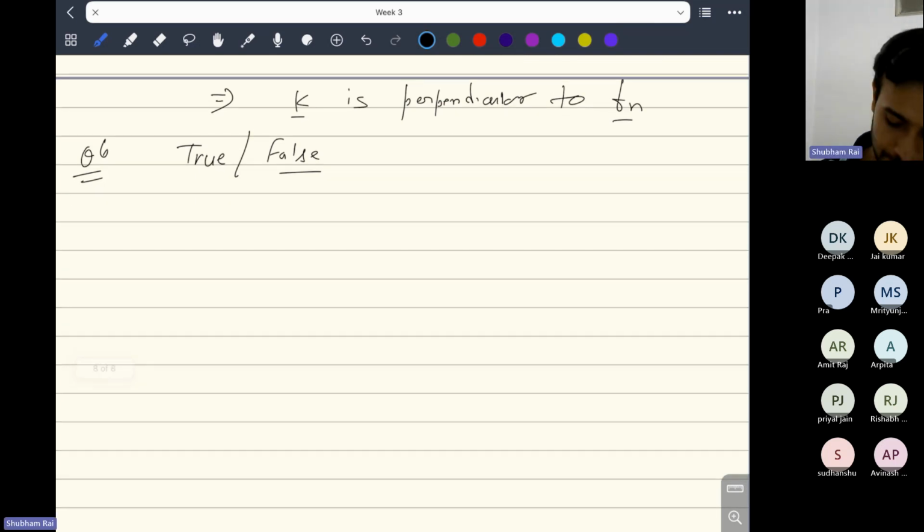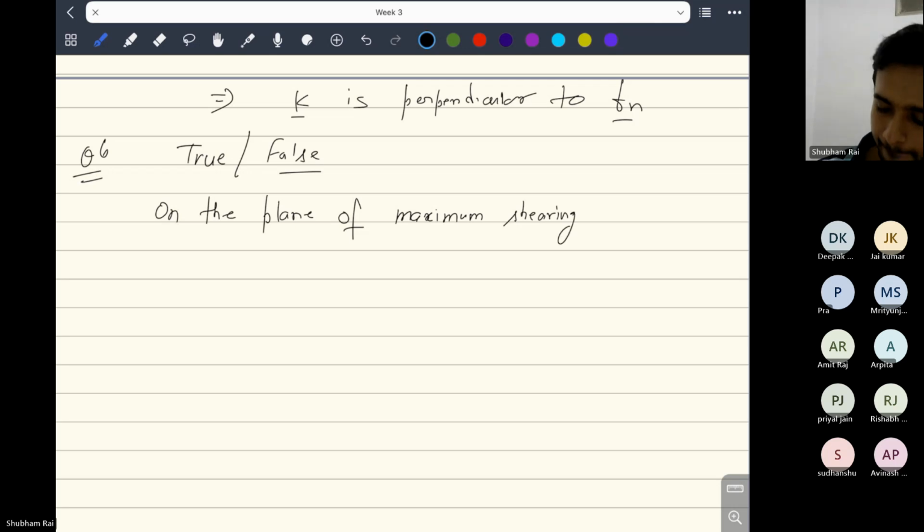The question is: on the plane of maximum shearing stress, the normal stress is always zero.